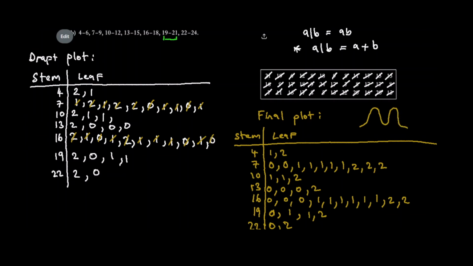As you can see, kana tikaita trace panapa, it's like this. It's bimodal. And illustrating that the distribution is bimodal, and the modal class 7 to 9 and 16 to 18. So that is how that is done.